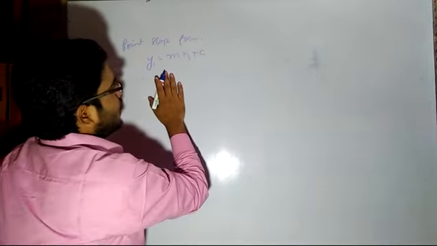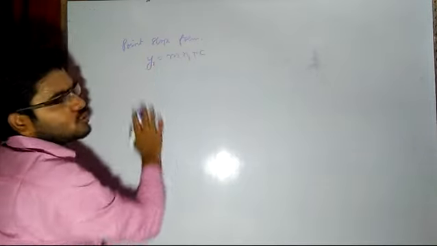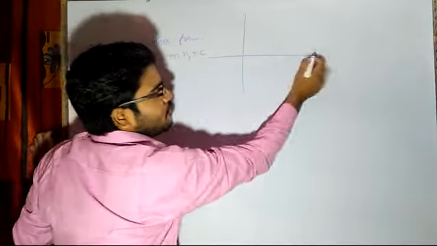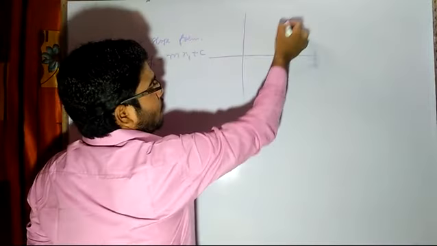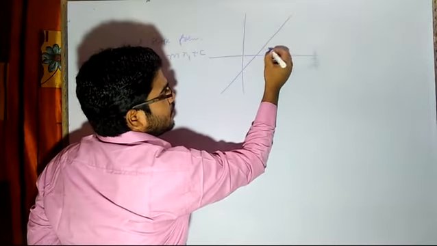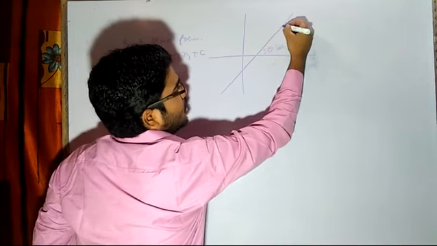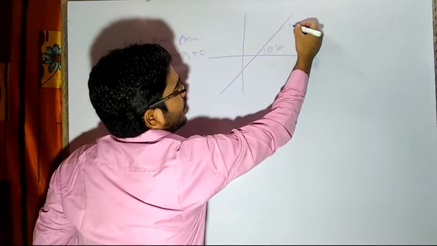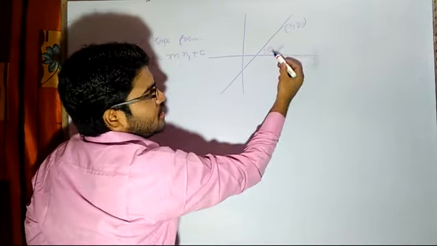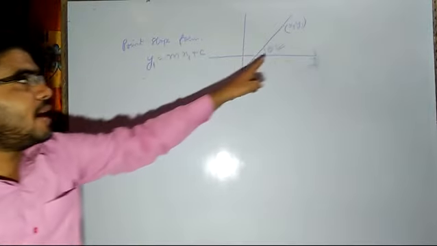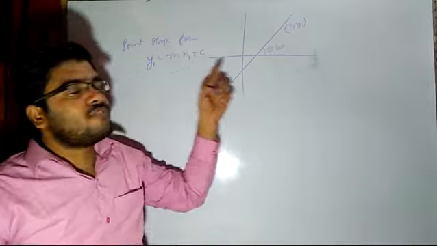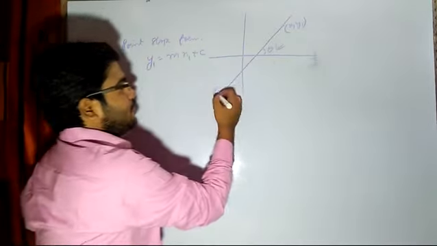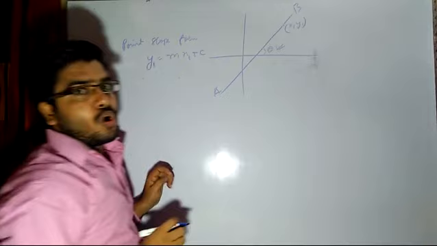Okay, now if we are going to use the point slope form, then the information that will be provided in the question is: one line will be there, theta will be given, and one point x1 comma y1 will be provided. These two pieces of information will be provided, then we are going to find the equation of this line AB. This is called the point slope form.